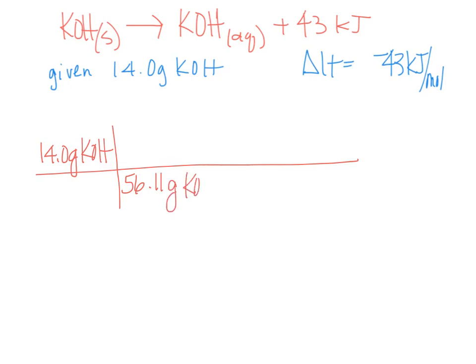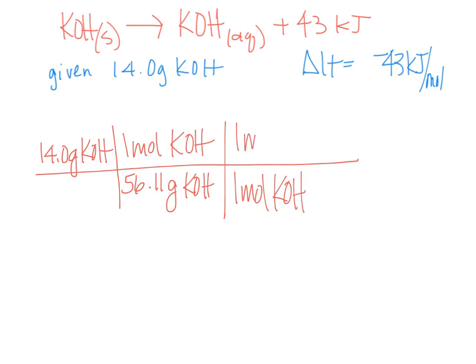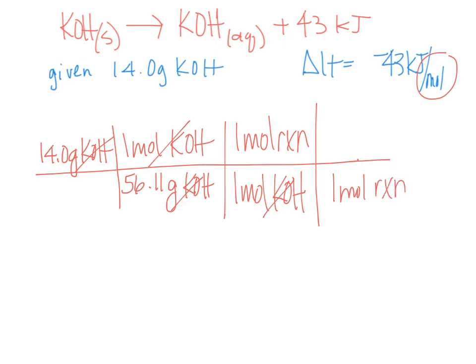So the molar mass of KOH is 56.11 grams per 1 mole. And if we look at the reaction up here, we see that for every 1 mole of KOH, there's 1 mole, and remember we said right here that this was kilojoules per 1 mole. And so now we've got grams to cancel, and we've got moles of KOH. So now we can use that for every 1 mole of reaction, and that RXN is just an abbreviation for reaction, there is negative 43 kilojoules.